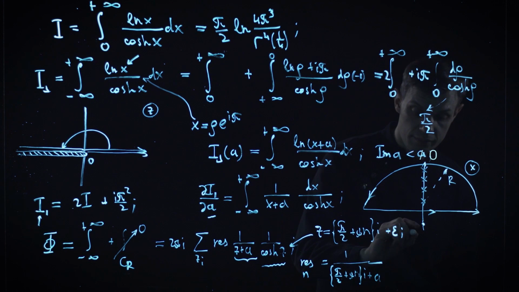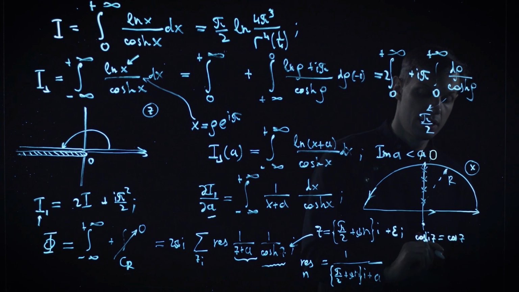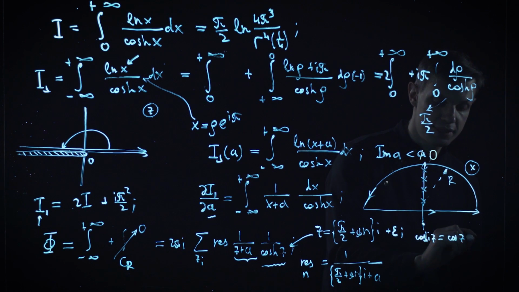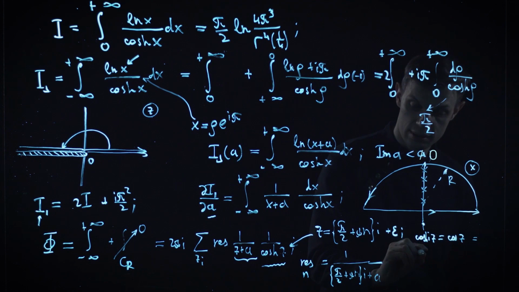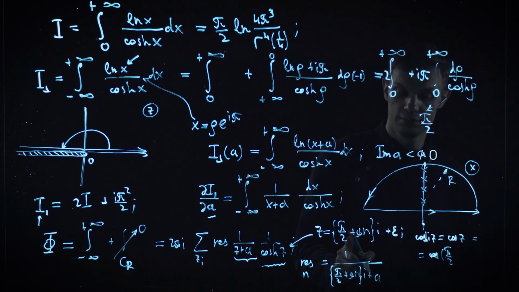Cosine hyperbolic of I z is equal to cosine of z, and as a result, you get cosine of pi by 2.